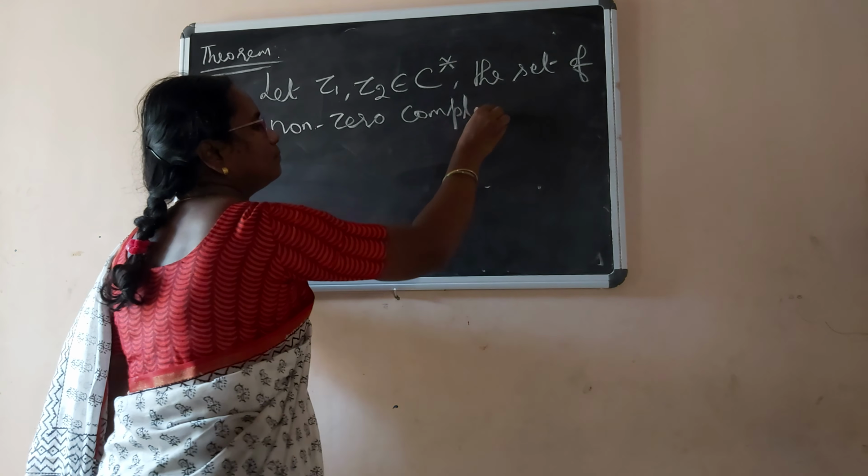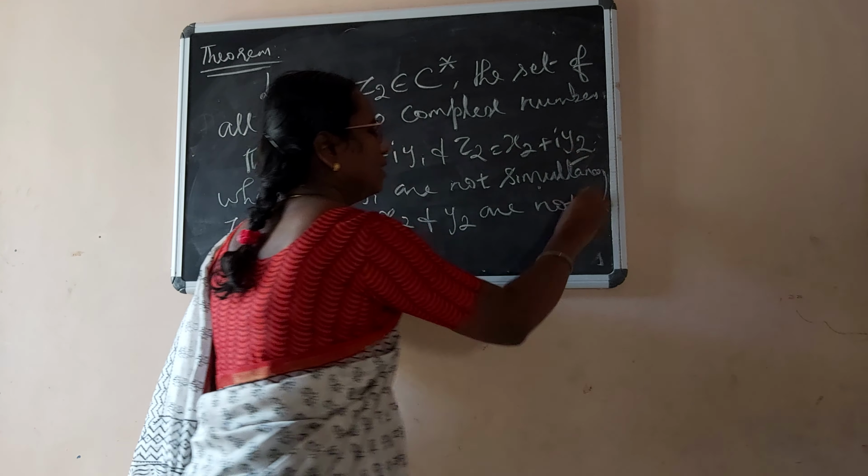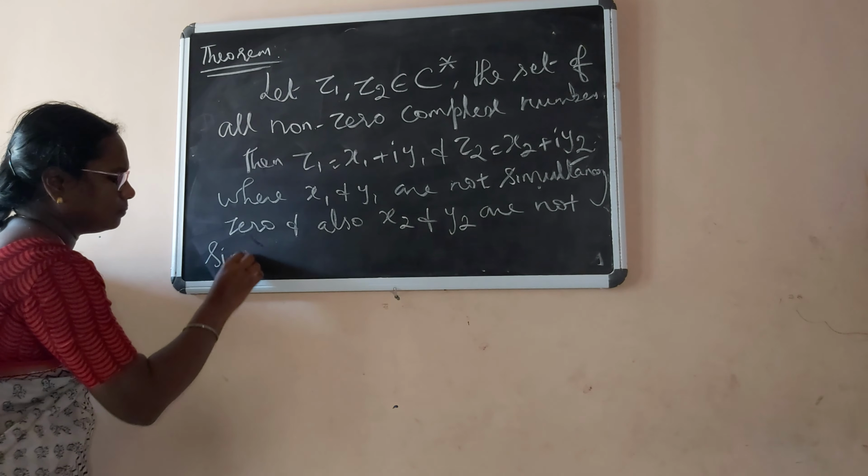Then z1 is equal to x1 plus i y1 and z2 is equal to x2 plus i y2, where x1 and y1 are not simultaneously 0, and also x2 and y2 are not simultaneously 0.